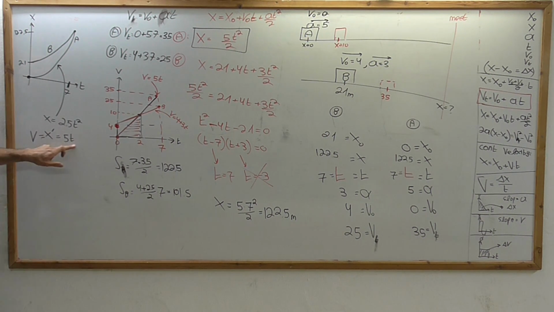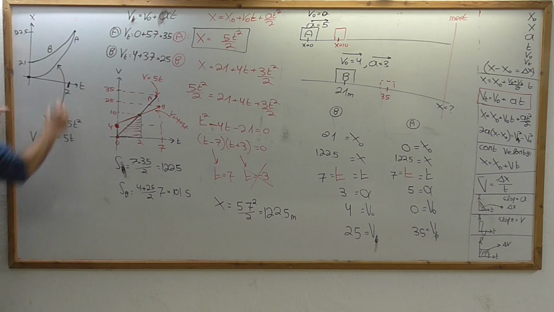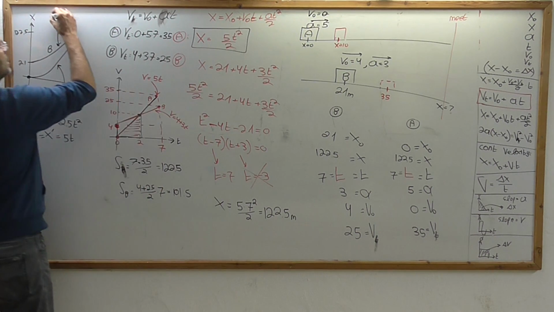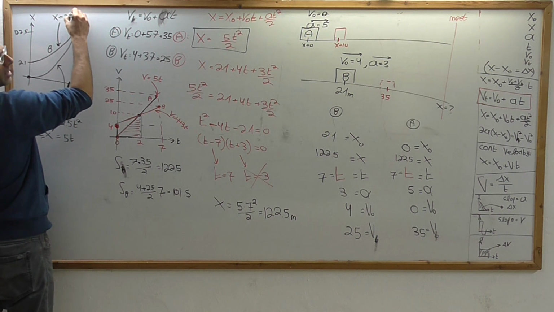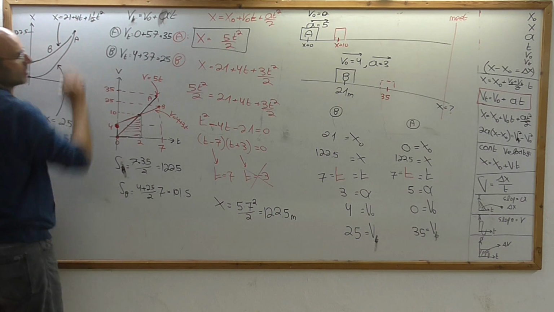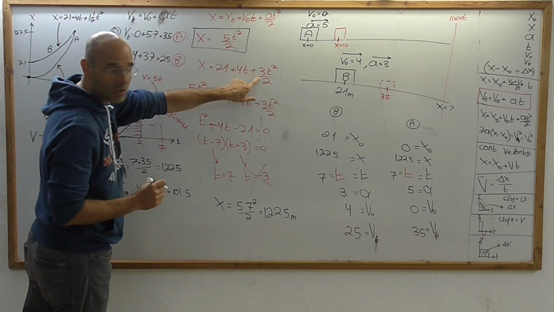If I place t equals 0, I'll get the velocity here, which is 0. If I place 7, I'll get 35, and the velocity here is 35. The equation for this graph is x equals 21 plus 4t plus 1.5 t squared. It's x as a function of t.